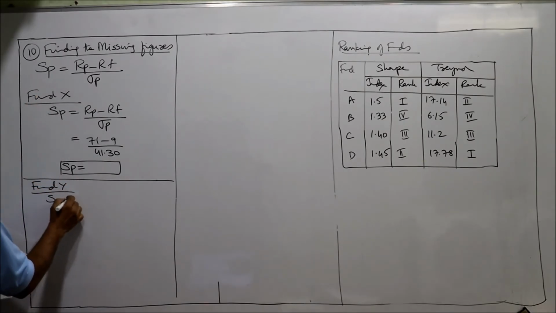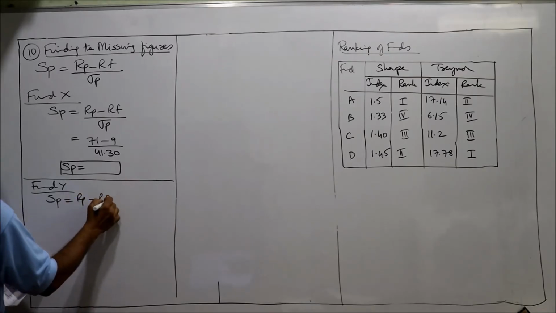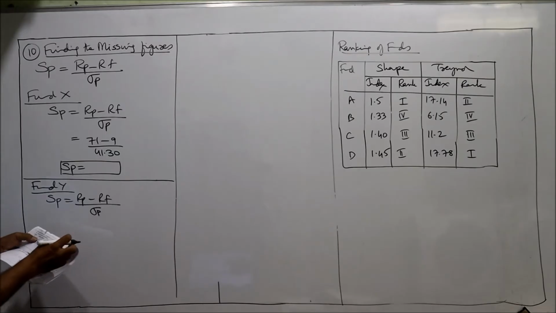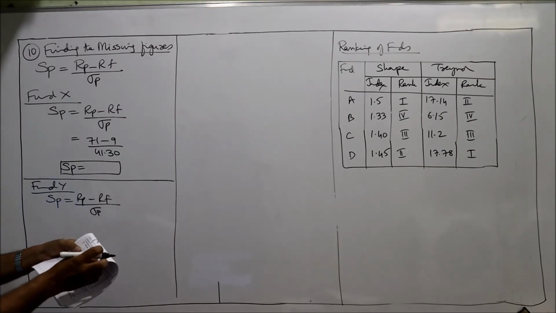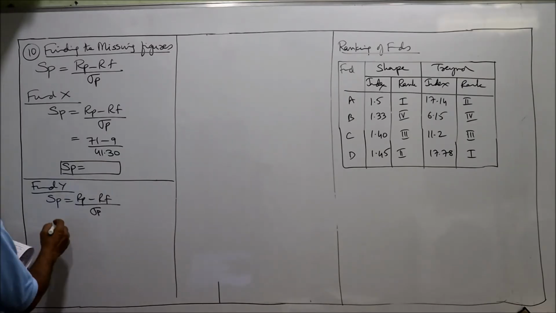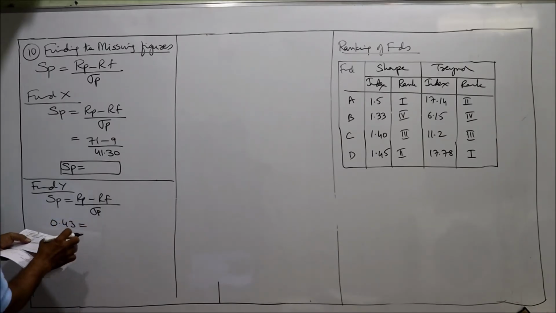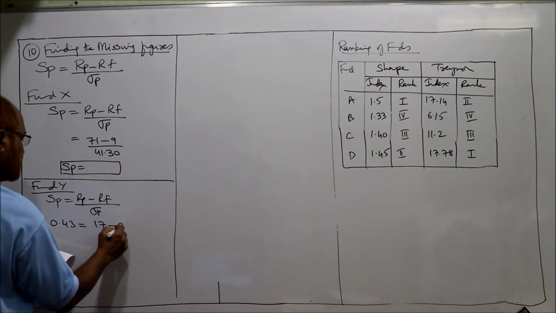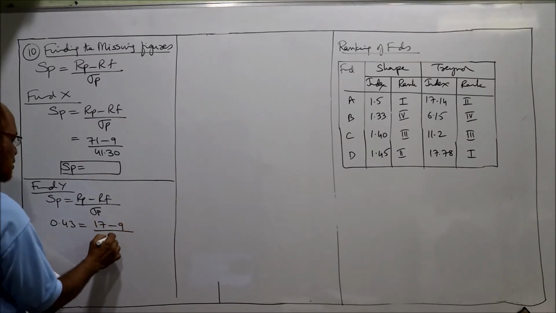Now fund Y. SP is equal to RP minus RF divided by standard deviation P. Sharpe's measure is given 0.43. RP is given 17%, risk-free rate is 9%, but standard deviation is unknown.